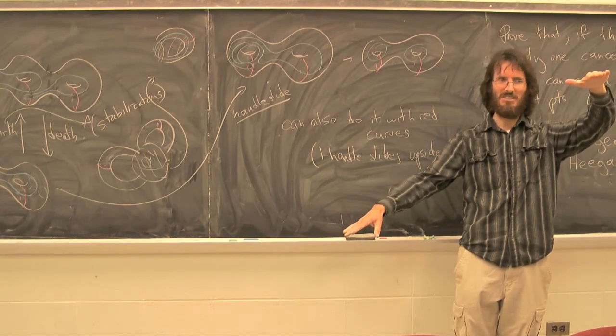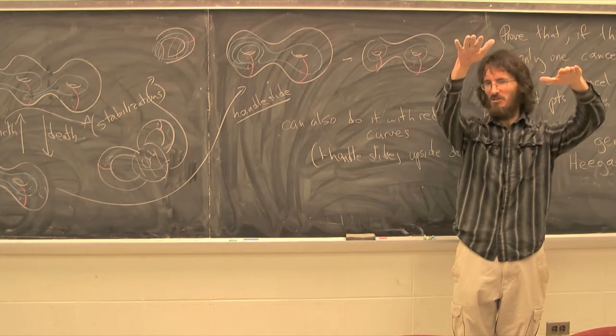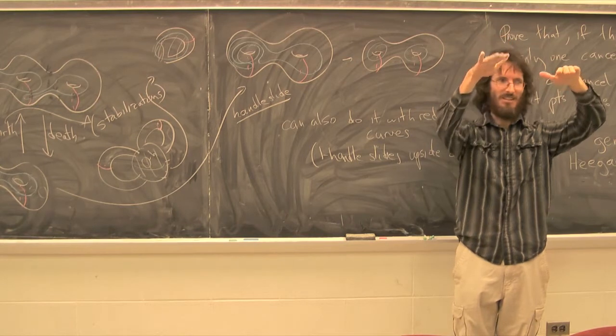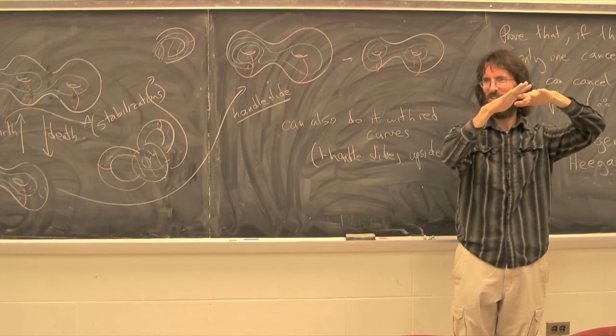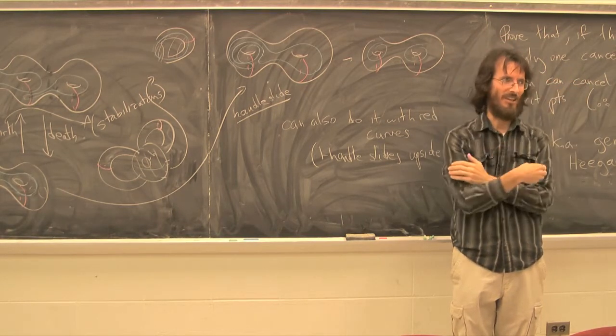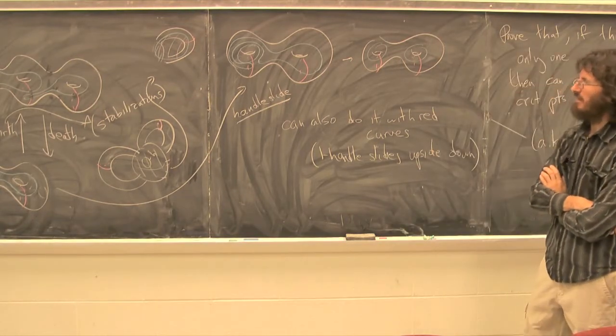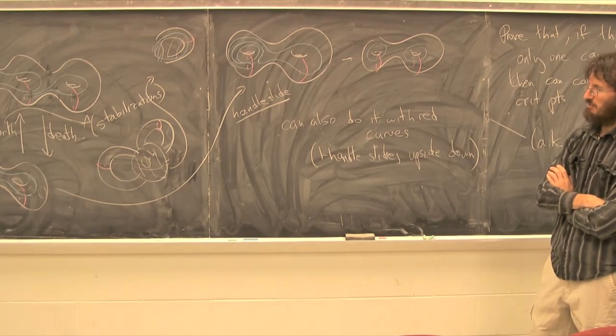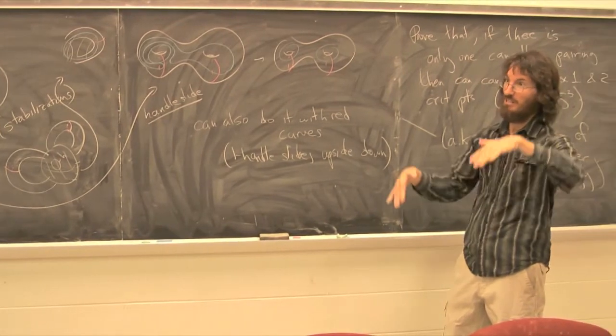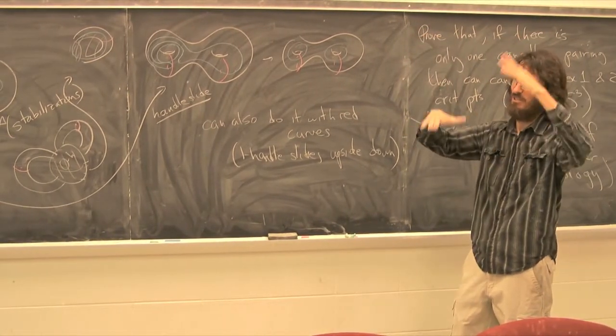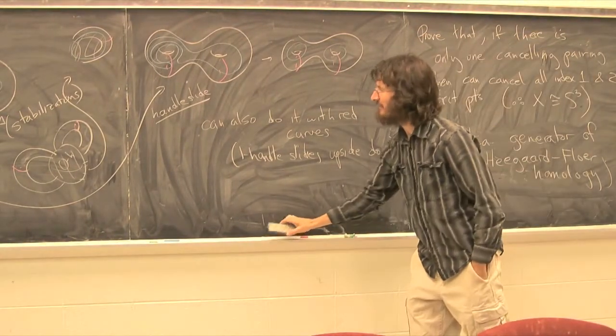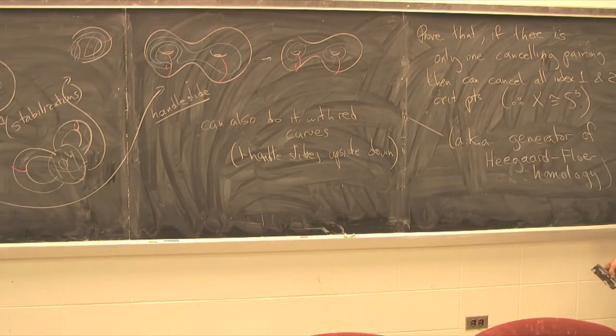For a long time no one knew any examples where you needed to go any higher than that. There were examples where you had to go one higher than the larger of the two genera, generally. But some people have recently figured out how to construct examples where you need to go arbitrarily high. They're very small genus, but you need to go arbitrarily high. I don't know the state of the art with that.